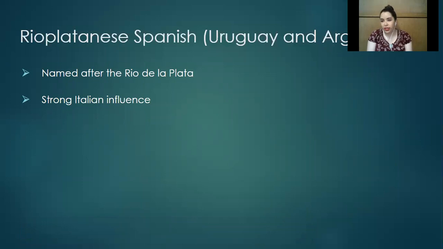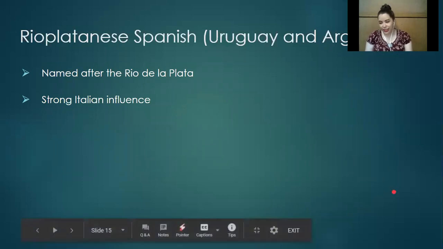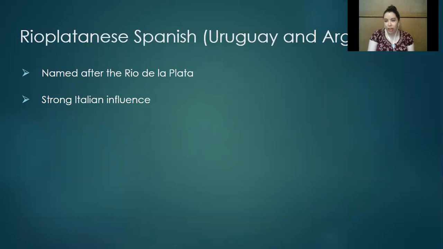A century or two ago, there were a lot of Italian immigrants that came to this area, and so it really influenced their accent, and they talk with their hands a lot. I've heard a lot of native Spanish speakers kind of chuckle at the Italian accent that Argentinians and Uruguayans have.